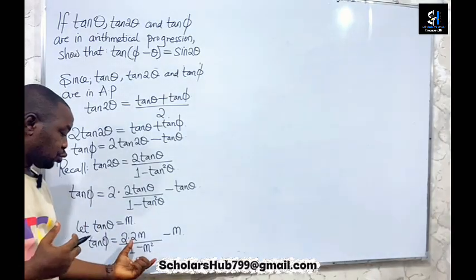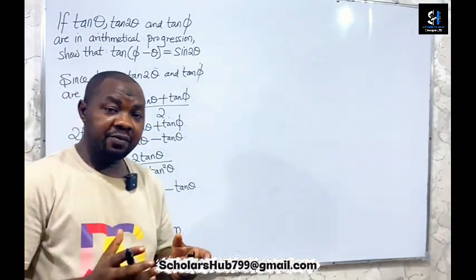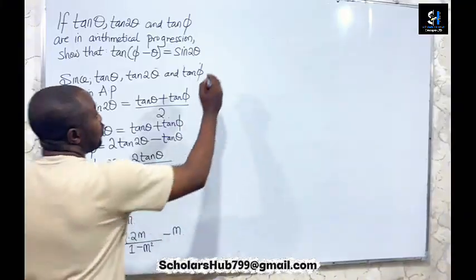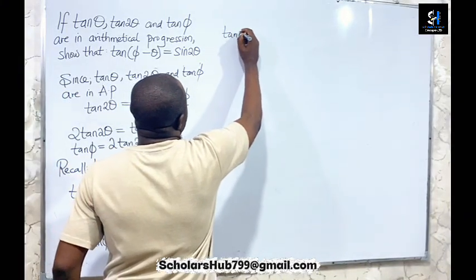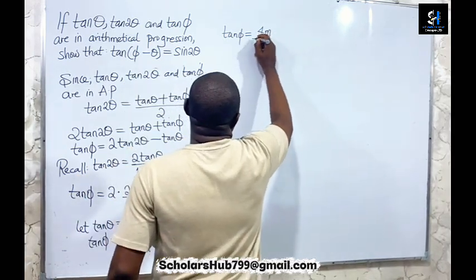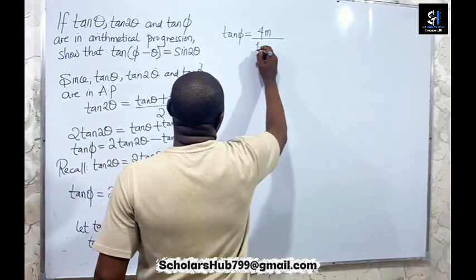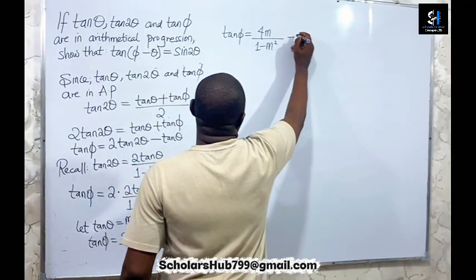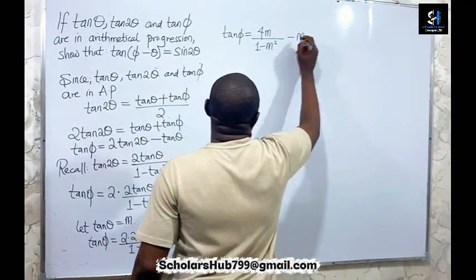Remember, what I'm trying to do is derive the expression for tan phi. So tan phi equals 4m over 1 minus m squared, then minus m.